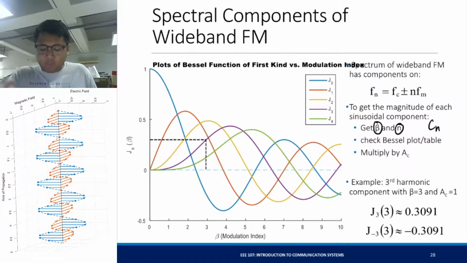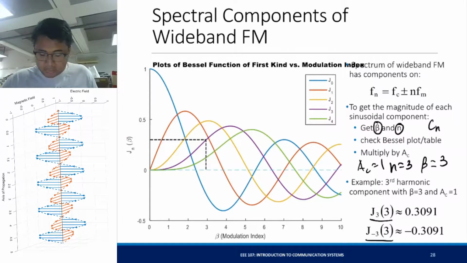For example, if we want to get a third harmonic component, that is n is equal to 3, given a modulation index equal to 3 and the amplitude of the carrier equal to 1, then we just get J sub 3 of 3, and on the other side J sub negative 3 of 3, and we get these values for the coefficients of your third harmonic.